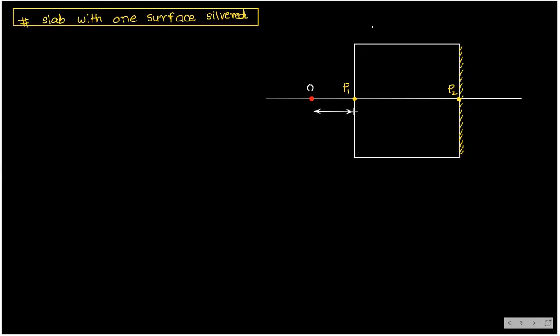How much is this distance? X. Clear? Okay, this is x. Right. Now what happens? Now the thickness of this glass slab is T. What is the thickness given? Thickness is T.